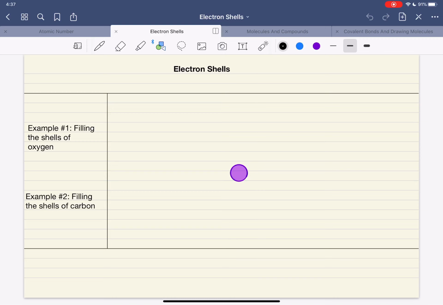So the first and innermost shell is known as shell number 1. It's a little crooked. I'm going to redo that. Even worse. Let's make it bigger. There we go. Shell number 1. The next outermost shell, shell number 2.